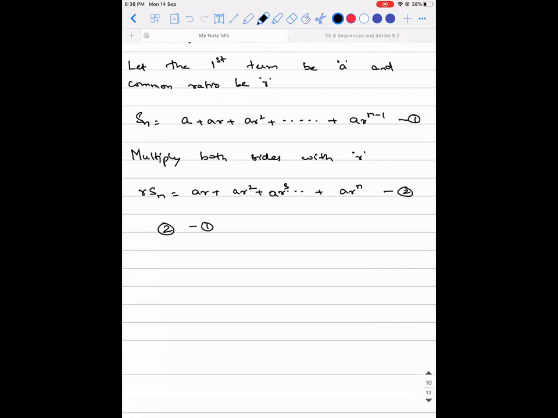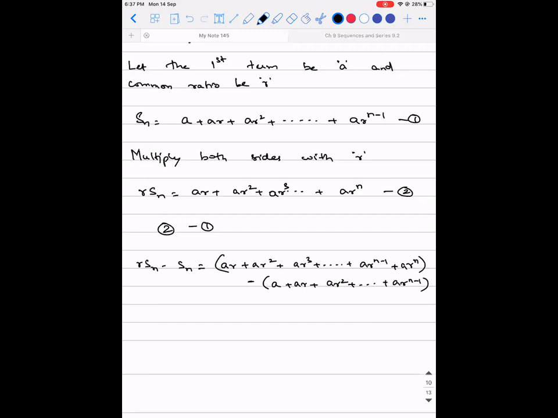So when you do 2 minus 1, what is it you're going to get? R into Sn minus Sn on the left hand side will be equal to AR plus AR square plus AR cube plus so on till AR power n minus 1 plus AR power n, minus A plus AR plus AR square plus so on till AR power n minus 1.